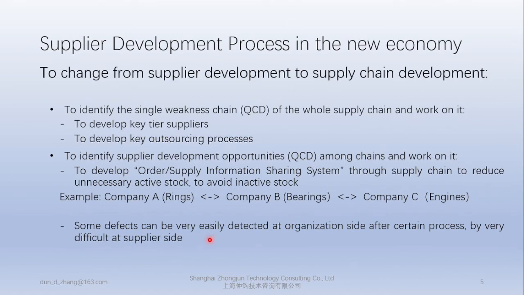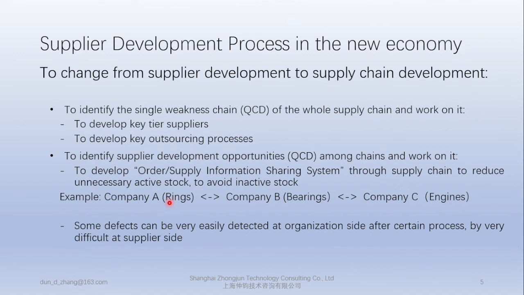Another example is that some defects can be very easily detected at the organization side after a certain process, but are very difficult to detect at the supplier side. Here the organization buys product from the supplier. For example, in the bearing industry, sometimes we have cracks on rings. But those cracks are very difficult to detect after heat treatment.